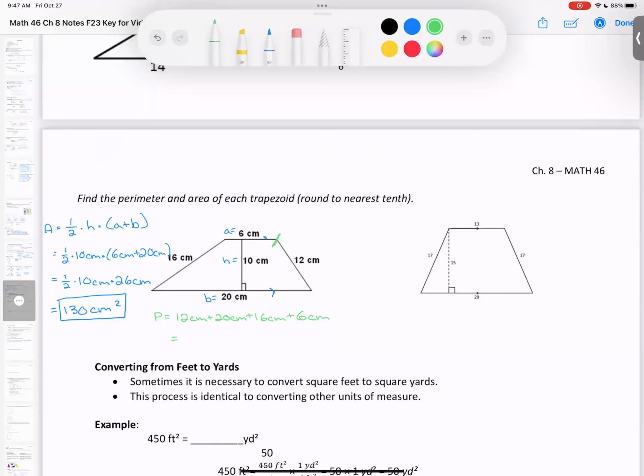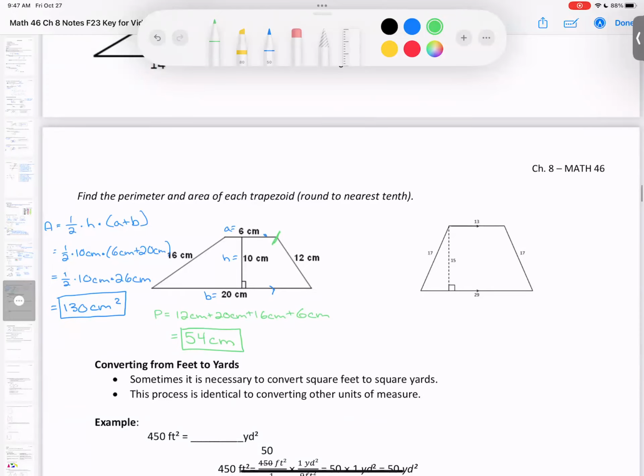And so what does that give us? And so I get 54. And our units here, this is centimeters, so it's just length. Our units here are just centimeters. So there's perimeter and area of a trapezoid. Go ahead and pause this video and try that next trapezoid on your own.